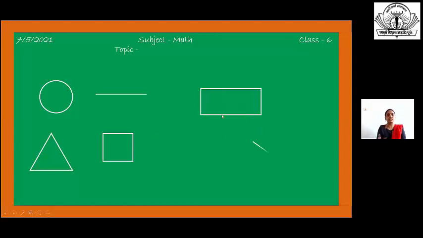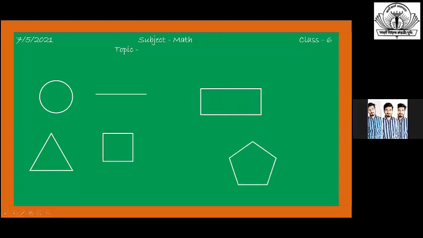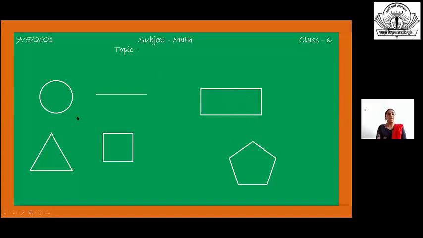Now, what is this shape? Pentagon, yes. So these are the different shapes which we know, and we name them based on what? Why do we say that this is a triangle, this is a square or a rectangle, and this is a pentagon? Number of sides.